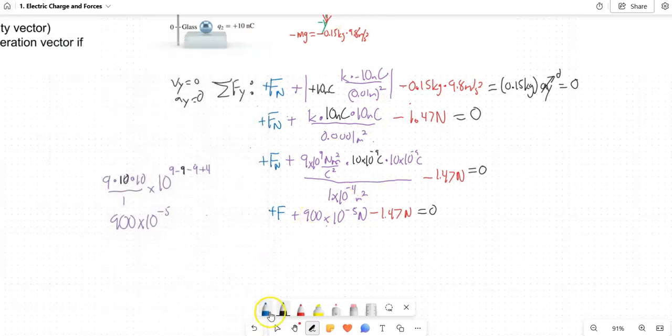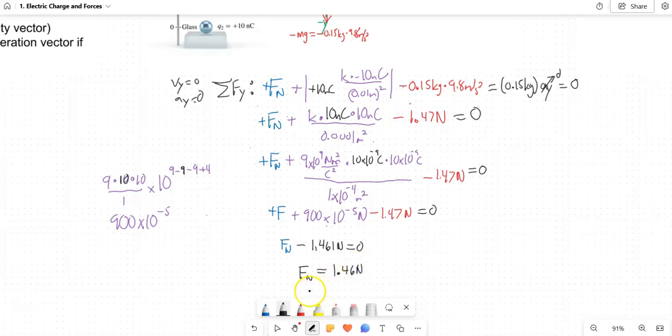So F sub n minus 1.461 newtons equals 0. So that is going to be 1.46 newtons.